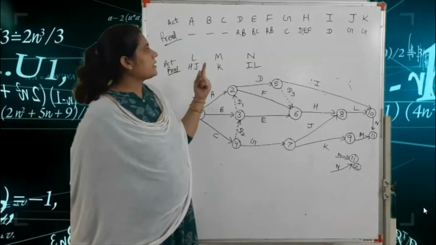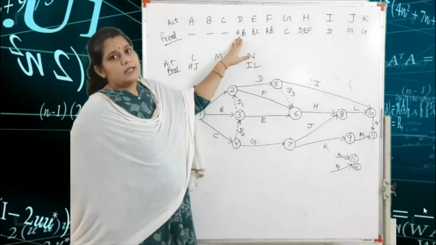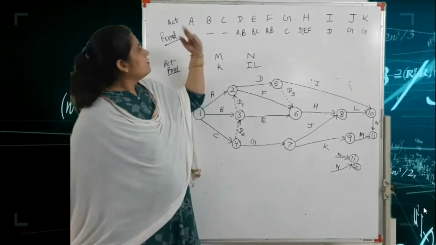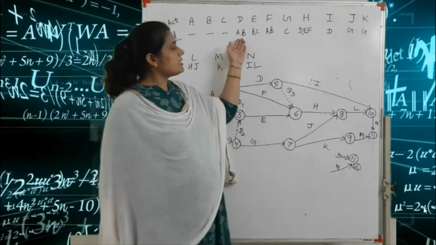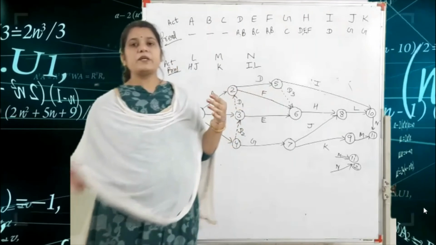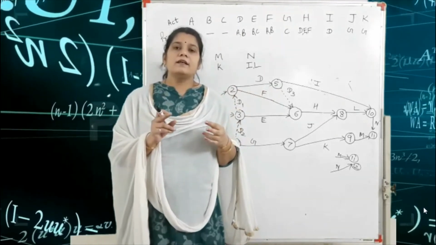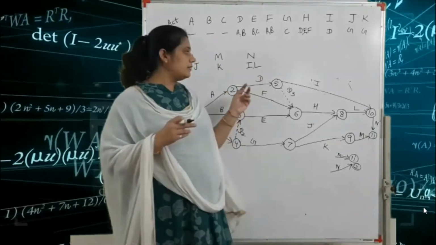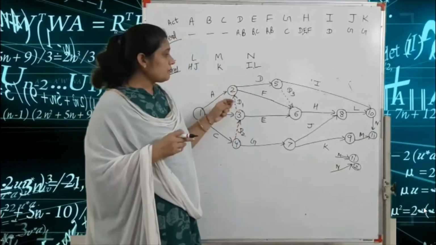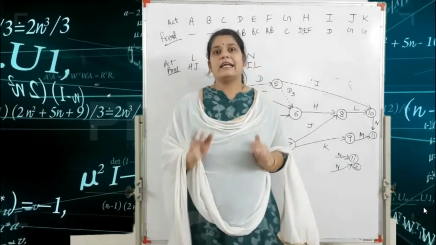First you check the preceding activity and after that we check the activity. In the network diagram we can map very easily, but there is some confusion because in the network diagram we can't use the parallel activity.